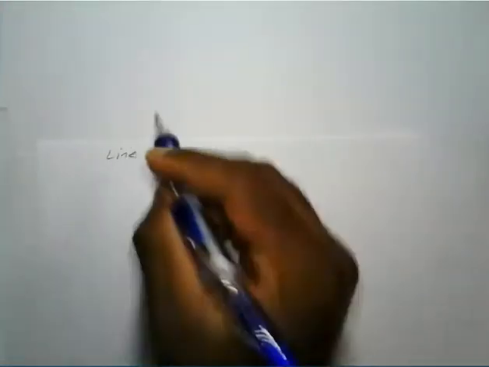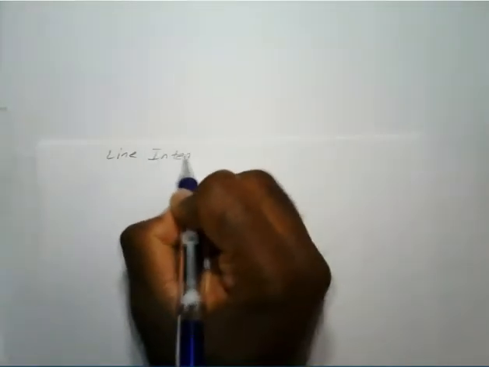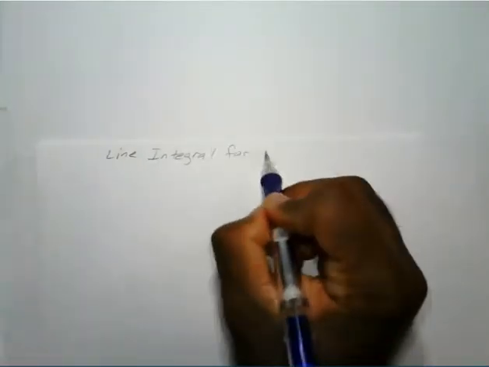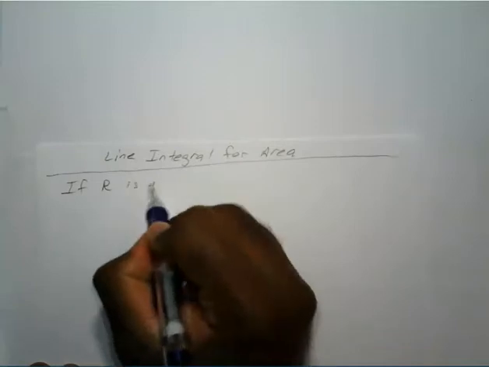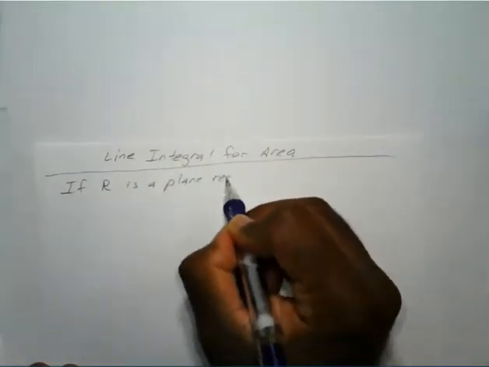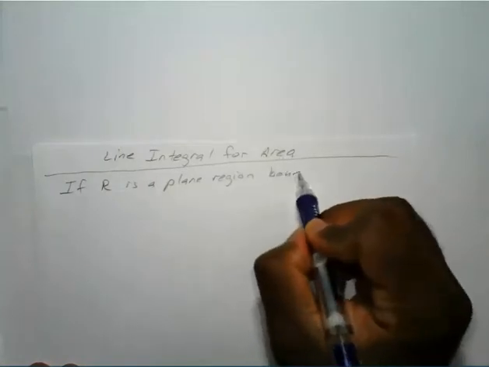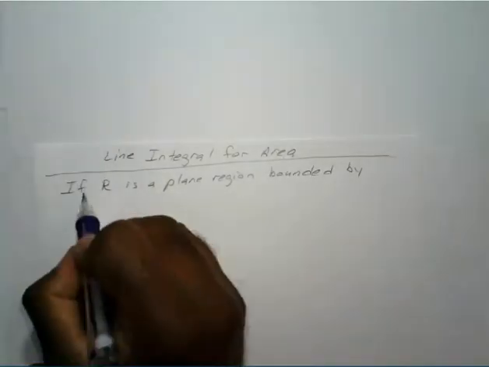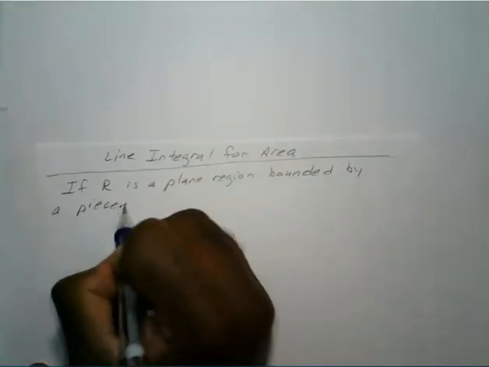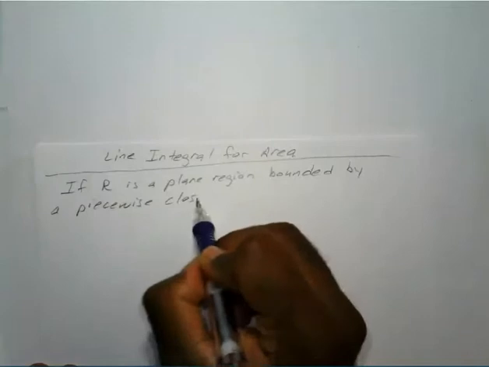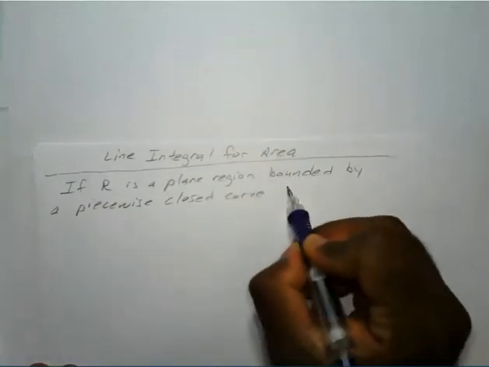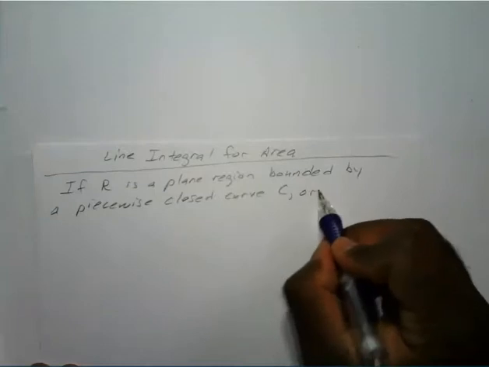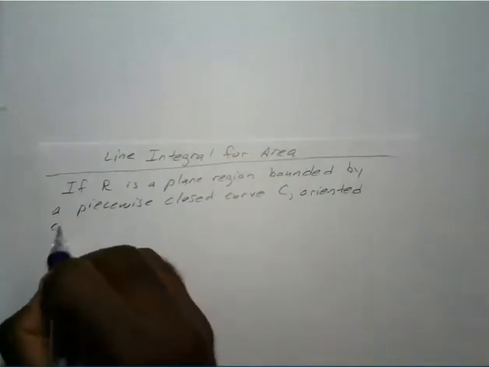Okay. So line integral, find the area. Let's say R is a plane region bounded by a piecewise closed curve C, of course oriented counterclockwise.